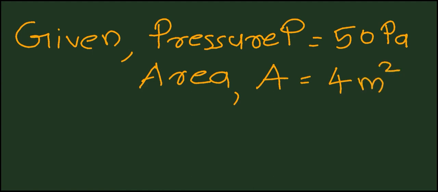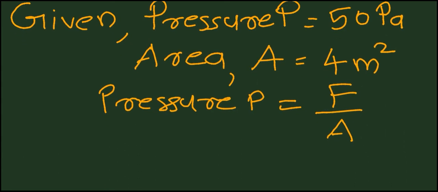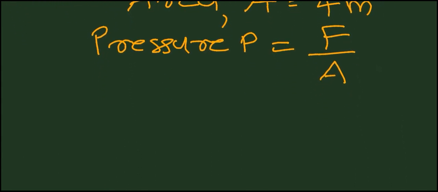We know the equation to find out pressure: P is equal to F upon A, force upon area or thrust upon area. So from this relation we can find the relation to find F, thrust.